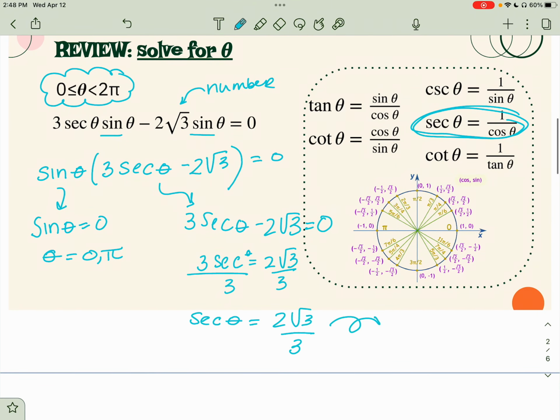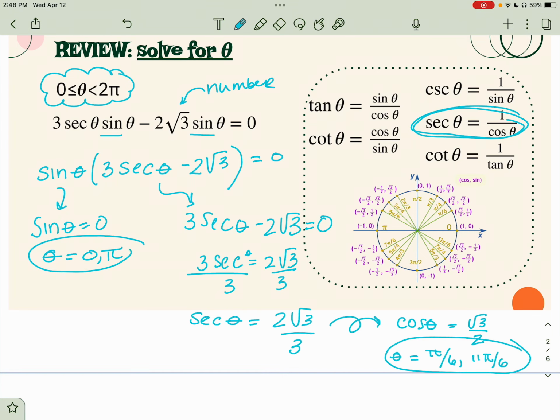So I'm going to flip it and say cosine theta is, let's see, square root 3 over 2. You guys can look on the back of your unit circle to find that. The 2 places I get for theta then are pi over 6 and 11 pi over 6. So this one has 4 answers.